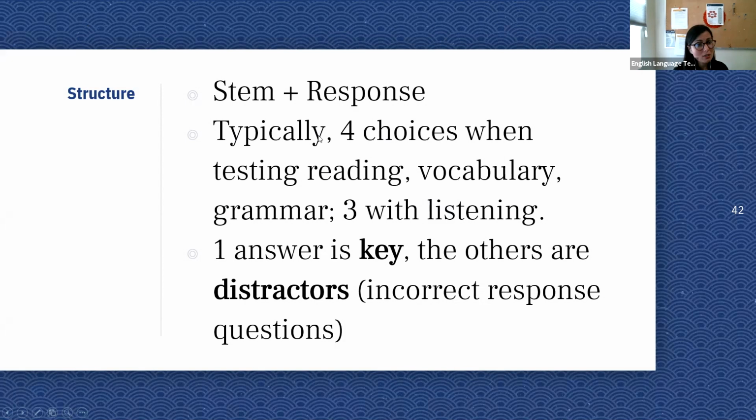But actually research suggests, and this is the consensus in the literature, that for listening multiple choice questions, there should be only 3 as opposed to 4. I don't know if this is new information to you, but it was new information to me until recently.